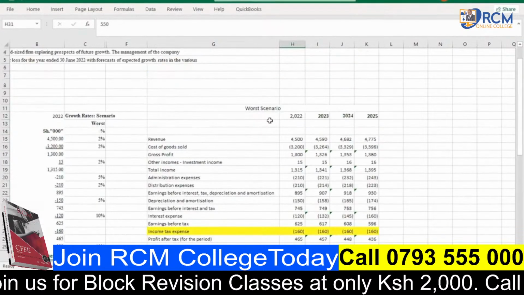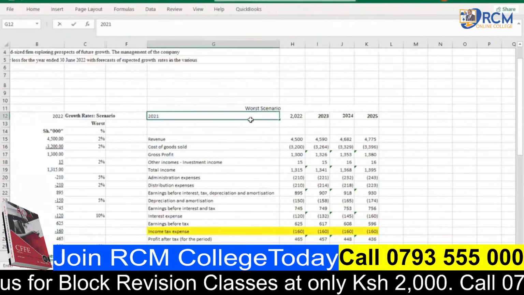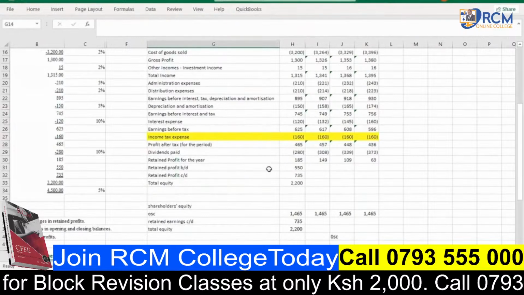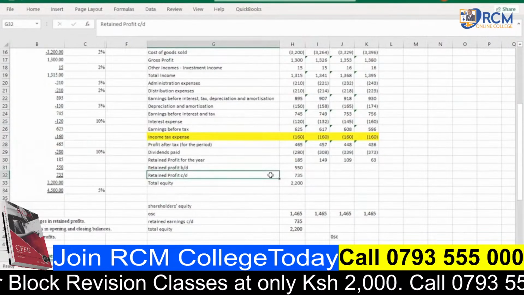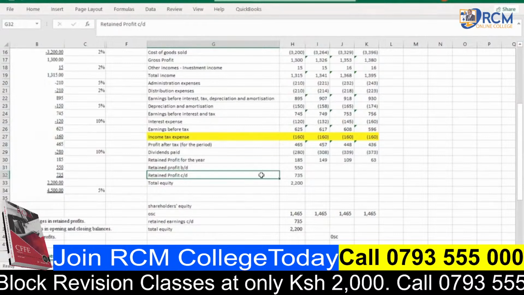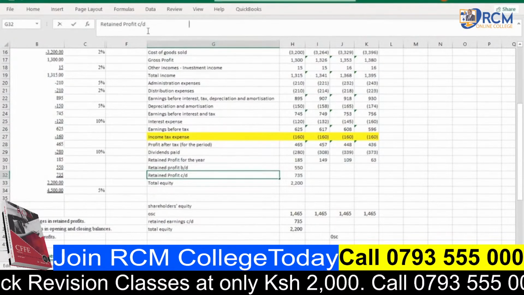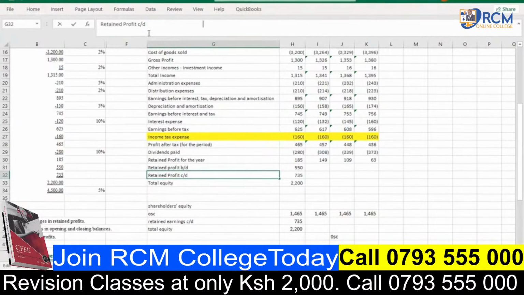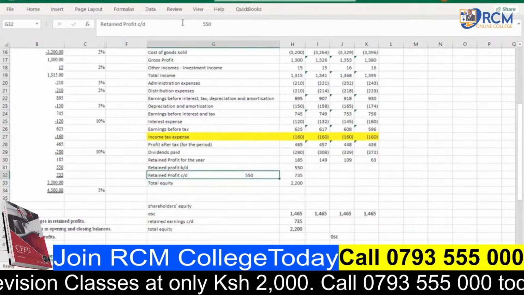If you could have been having 2021 hapa, tungekuja then down to this point, tungesema our retained earnings carried down for 2021 hapa, we would have indicated 550.